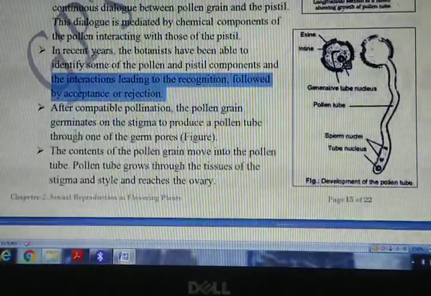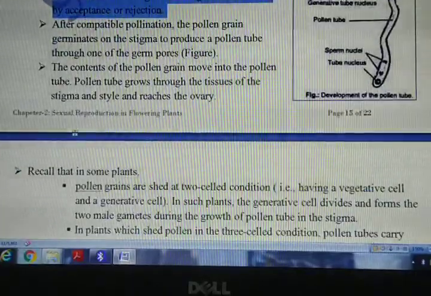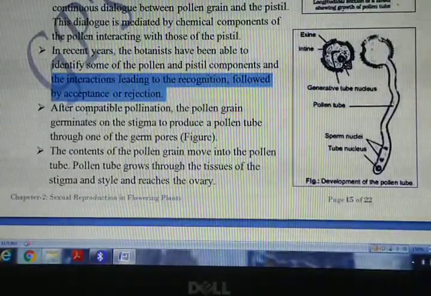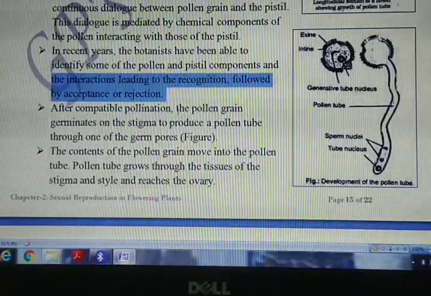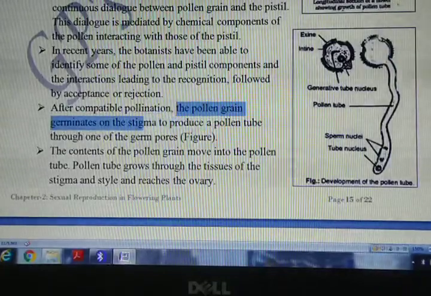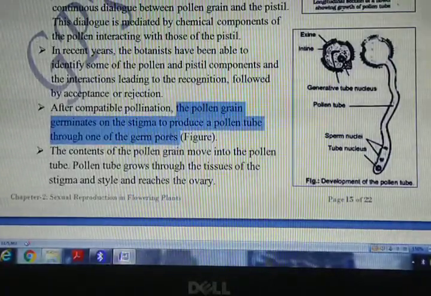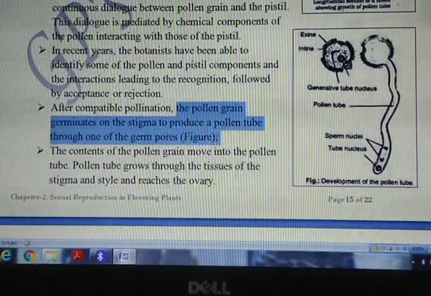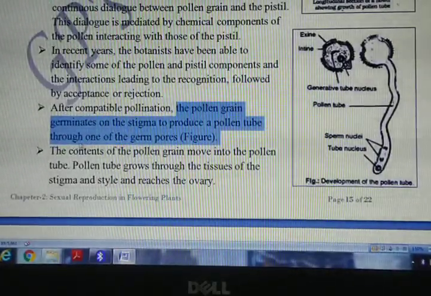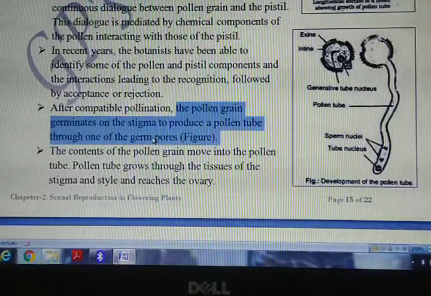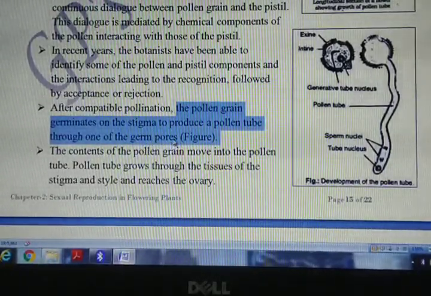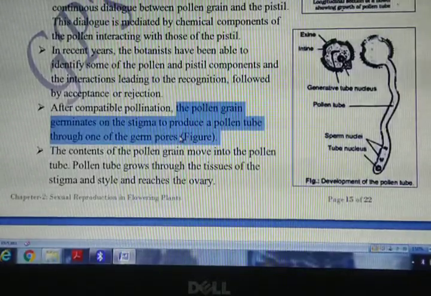Now let us say that after the pollen grain is accepted, मतलब ये हुआ कि वो कंपेटिबल है. The pollen grain has to germinate on the stigma and produce a pollen tube, and this pollen tube has to come out of the pollen grain through the germ pore. If you remember, earlier we discussed the structure of a pollen grain.